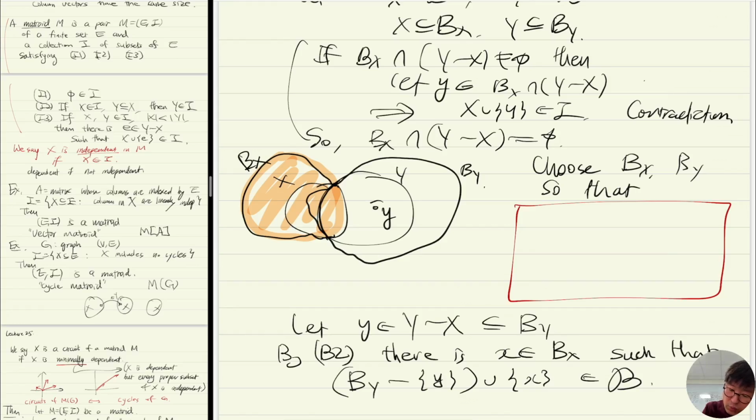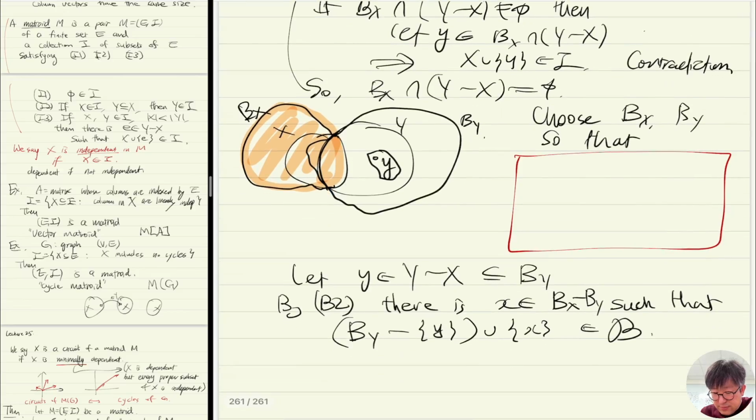I can delete y from by and add somebody in bx minus by, right? Now let this one be by prime.